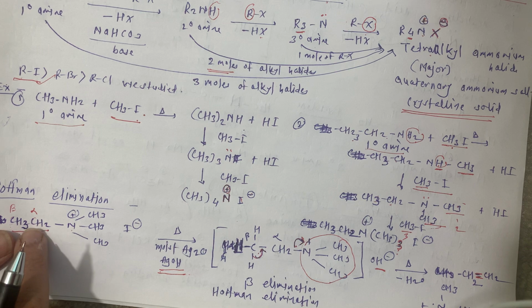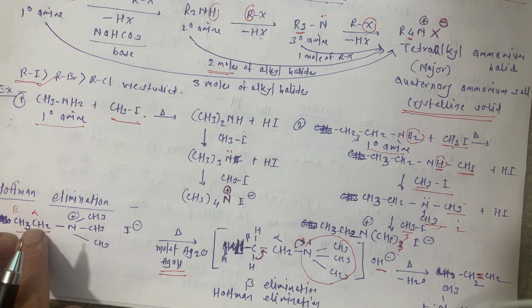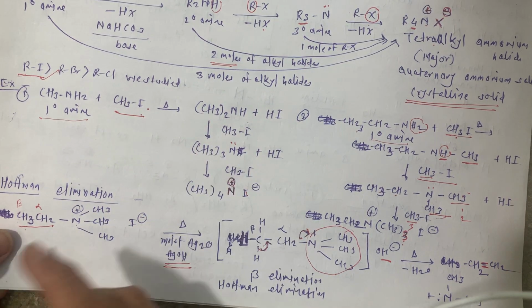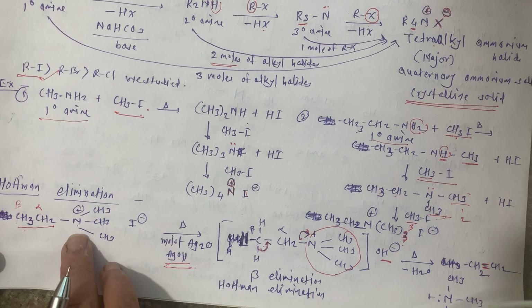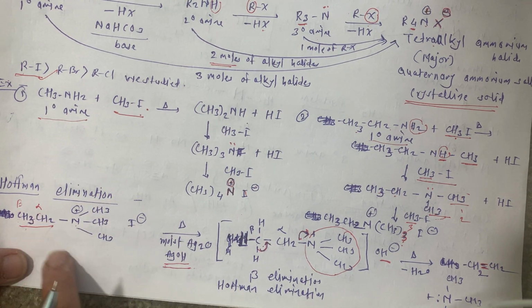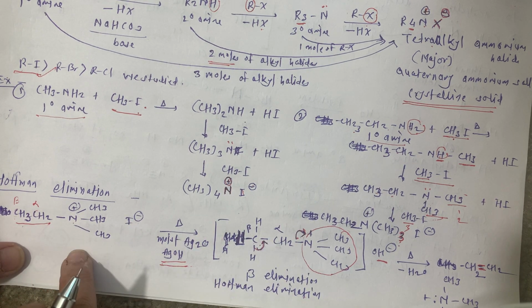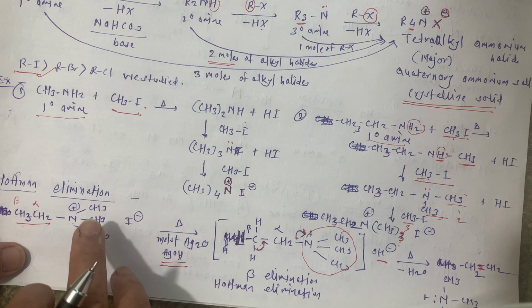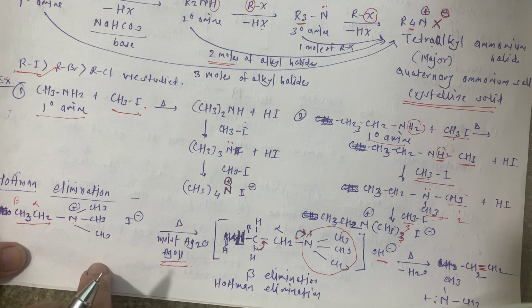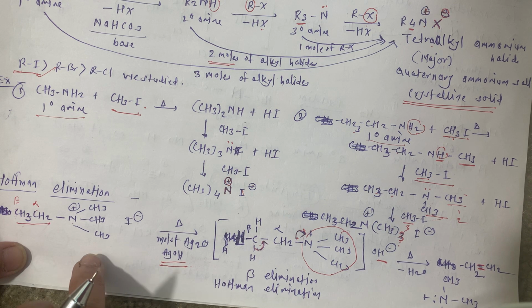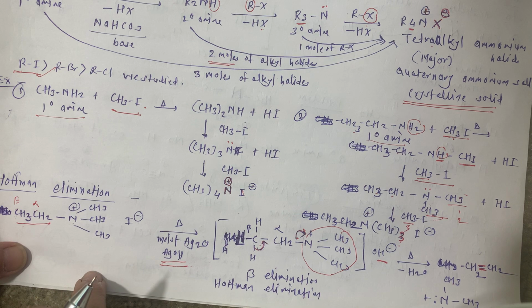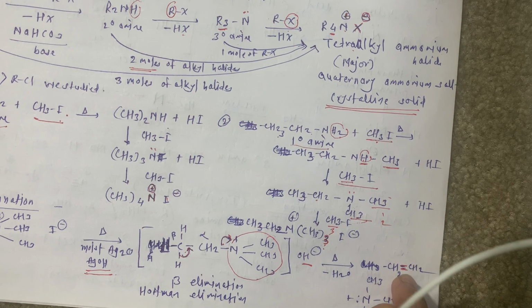Now you can write down different reactants like this by changing alkyl groups, and then you decide according to the rule. The first thing is that the elimination should take place from the beta carbon, and that carbon must be least substituted. This is very important. Then you decide from which alkyl group you are going to remove hydrogen, and you are going to get the product alkene. So this is the way.